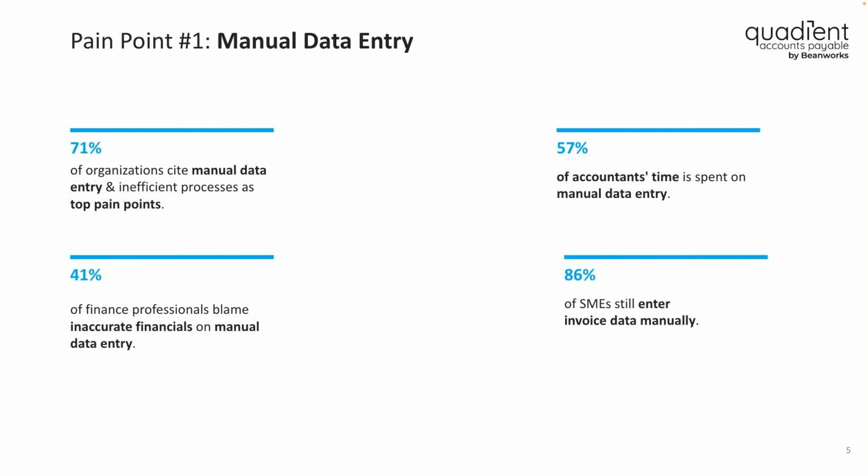Sage research has also shown that accountants spend up to 57% of their day entering data, leaving little room for anything else. And here's one final stat to hit you with. Despite all of this, 86% of SMEs still enter their invoice data by hand. So manual data entry is a major problem, and yet little is being done about it.